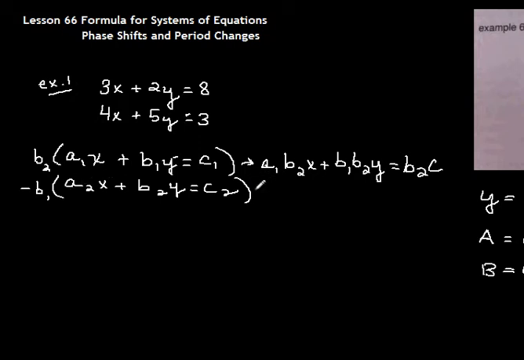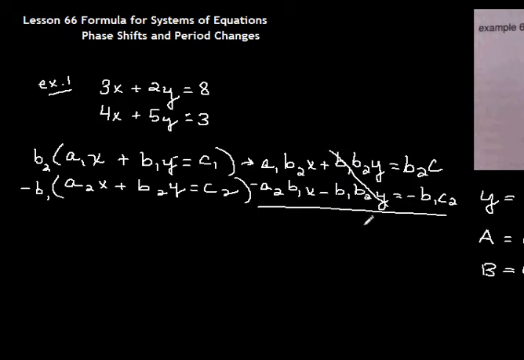So we distribute this one through, we're going to get negative a sub 2, b sub 1, x, minus b sub 1, b sub 2, y, equals negative b sub 1, c sub 2. And you can see we did elimination the old elimination way. So if we add these y's together, they're going to cancel out, and we're not going to have any y's. And if we add the x's together, they're not like terms, so we can't just say 2, a sub 1, b sub 2.